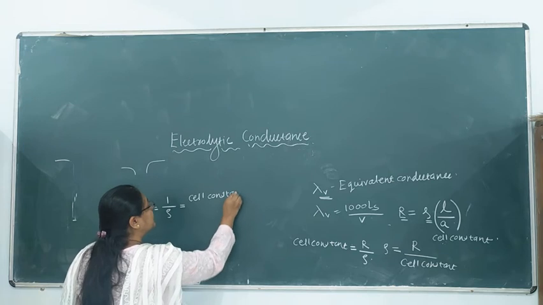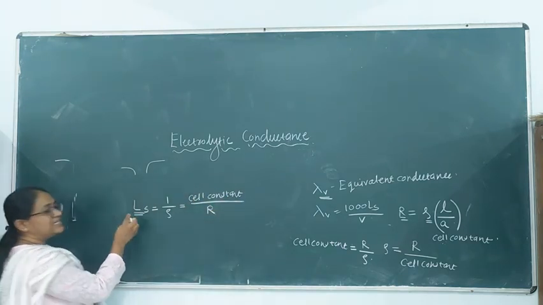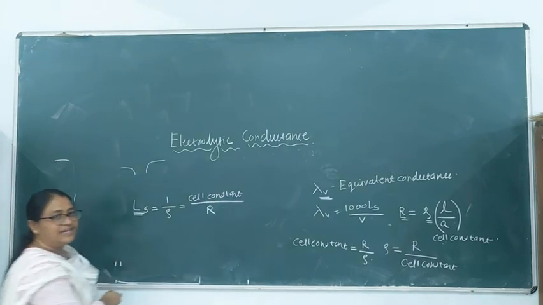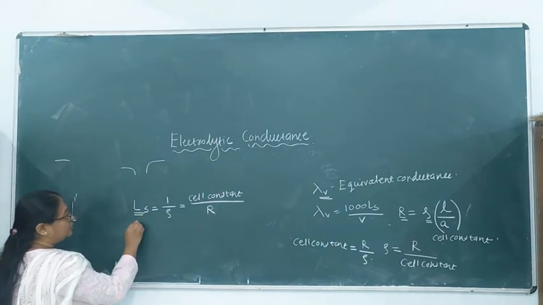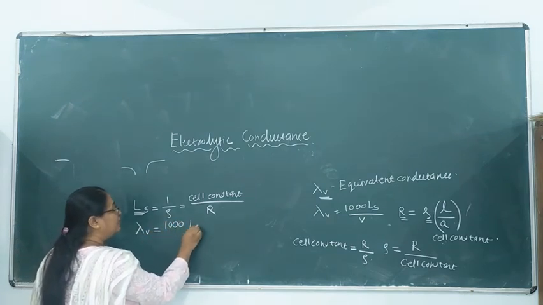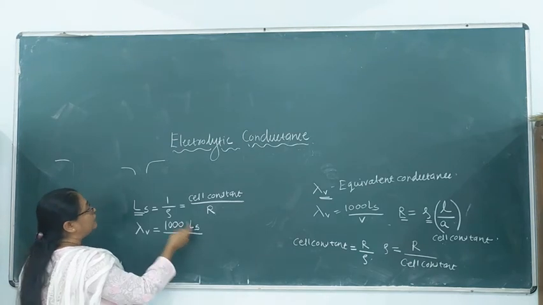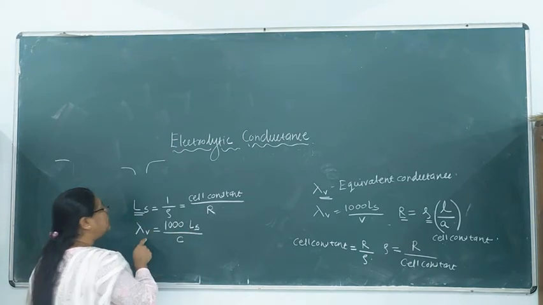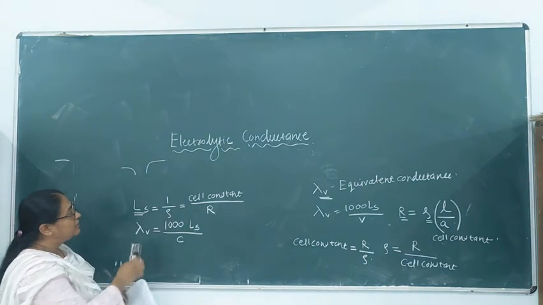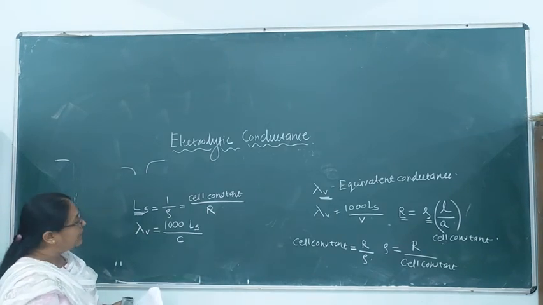So Ls is cell constant divided by R. So specific conductance can be calculated if you know the value of cell constant and just the observed resistance. And then you can calculate lambda V = 1000 into Ls divided by C. If you know the concentration of solution and the specific conductance, then you can calculate lambda V. So this is how the value of equivalent conductance can be calculated.